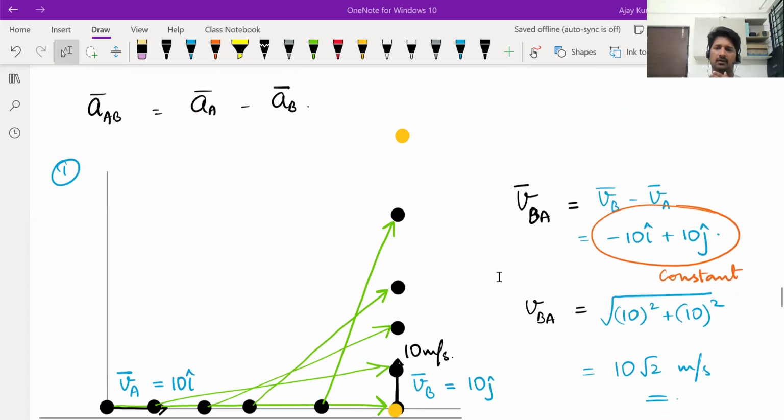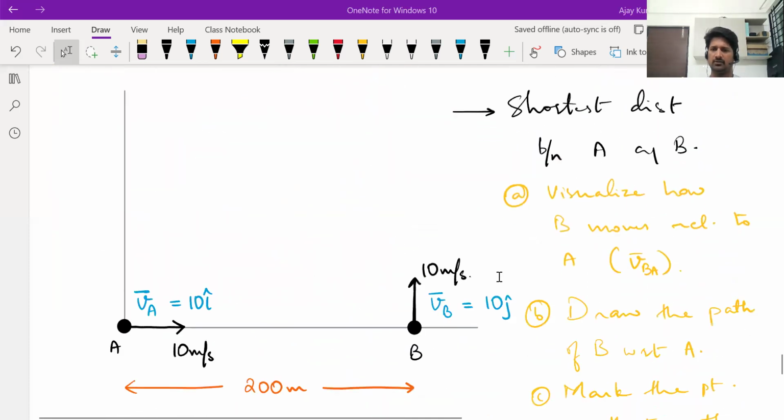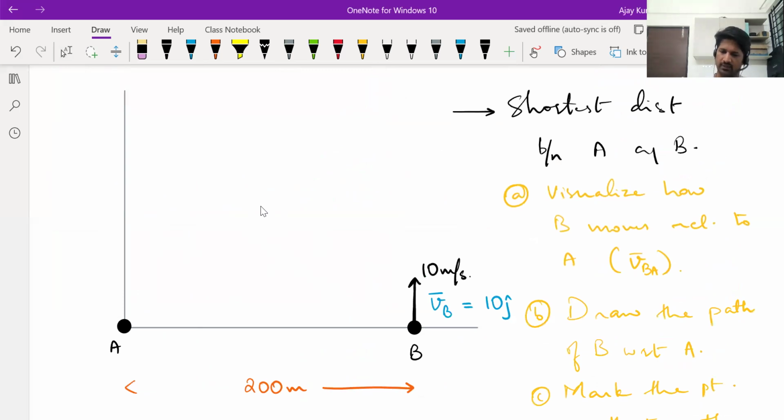Now, I gave you a few steps here to find out the shortest distance. We have to imagine how B moves relative to A. So we'll make A the reference frame. And when A is the reference frame, we know B moves at an angle 45 degrees.